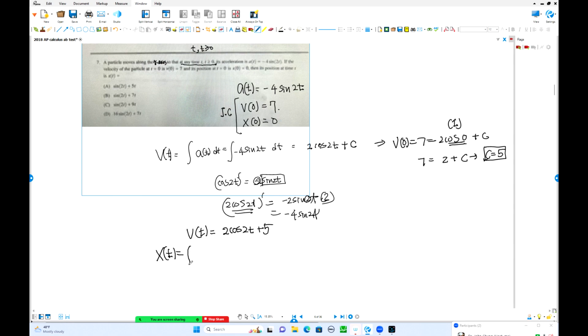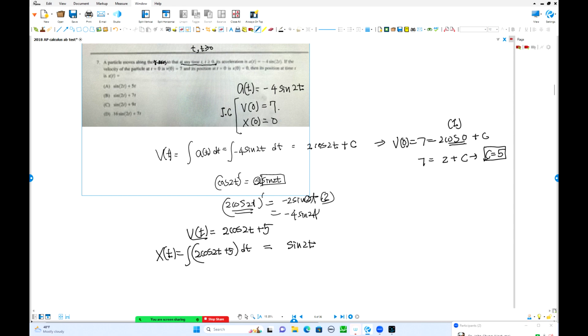Position is the antiderivative of velocity. For the antiderivative of cosine, the derivative of sine is cosine, right? So it's going to be sine, but you're going to divide by 2 again. So sine 2t.